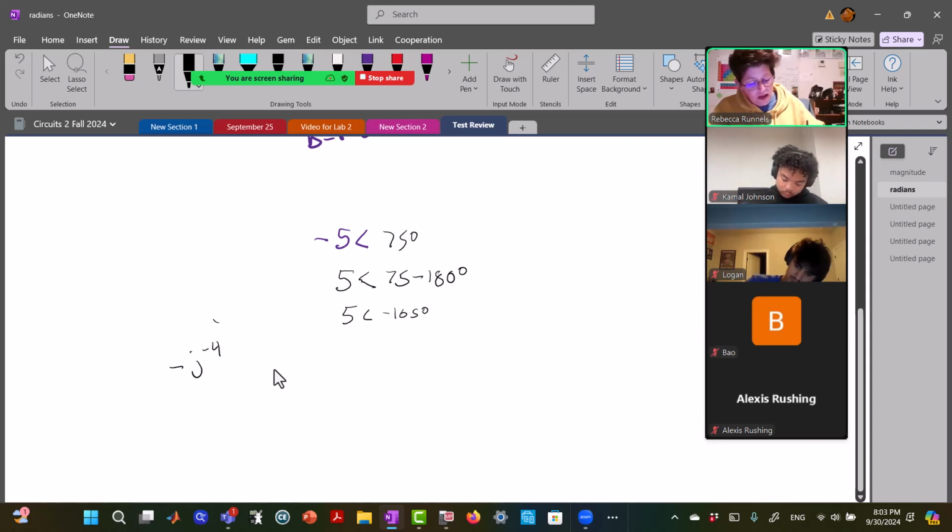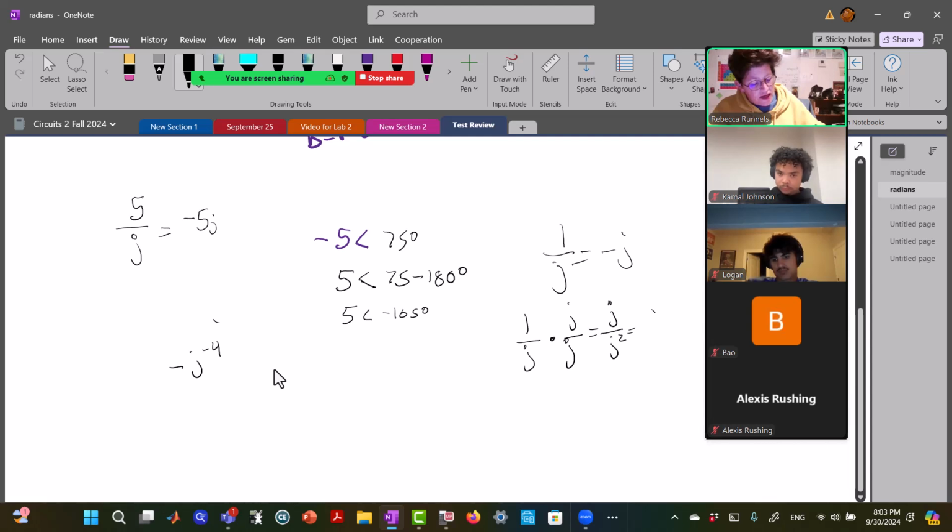Before I do that, I'm going to remind everybody that if I have 5 over j, that's the same as negative 5j. 1 over j is the same as negative j, and I will show you why. 1 over j, if I multiply that by j over j, I get j over j squared. j squared is negative 1, that's its definition, and j divided by negative 1 is negative j.